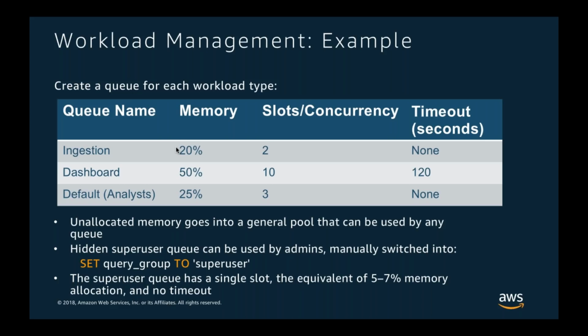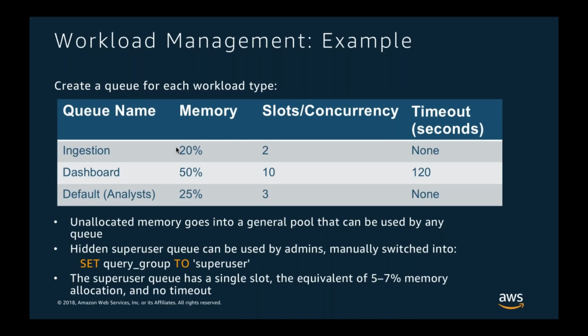But what's also not understood is that the slot divides the memory available in the queue equally. So let's say you go back to the dashboard queue, it has 50% memory, right? Let's say the cluster has 3 nodes and each node has 15 GB memory. So you have 45 GB memory across 3 nodes.